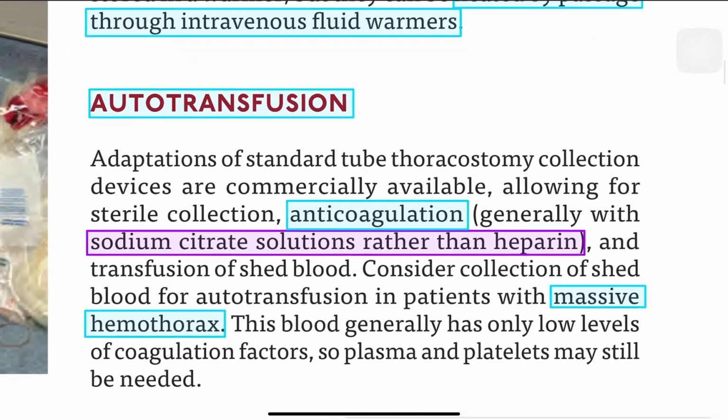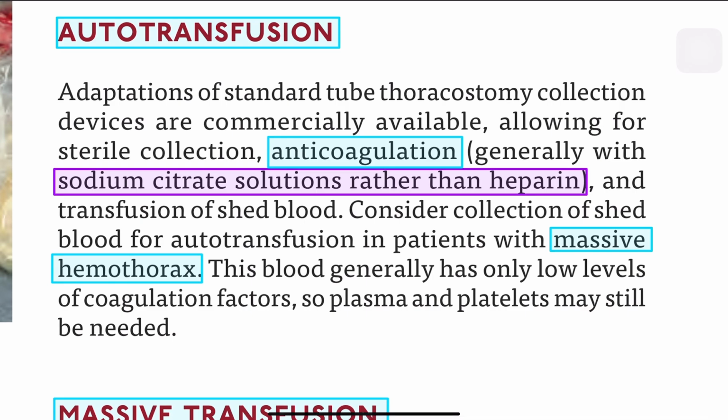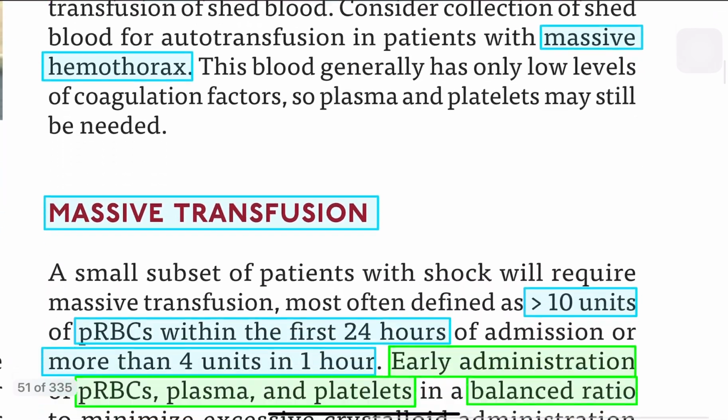For autotransfusion, the anticoagulation should be sodium citrate rather than heparin, and this is mainly done in massive hemothorax.